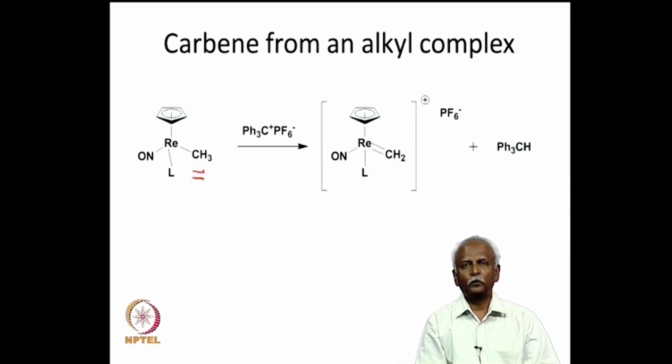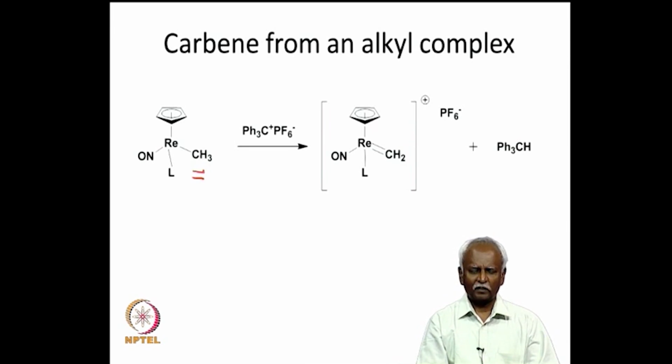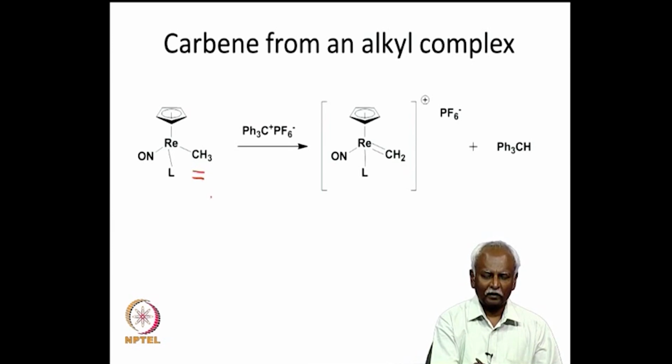So, if I use a molecule which can remove a proton, as in this case we have used trityl cation, and trityl cation is an excellent species for removing H minus species. So, here we are removing H minus.